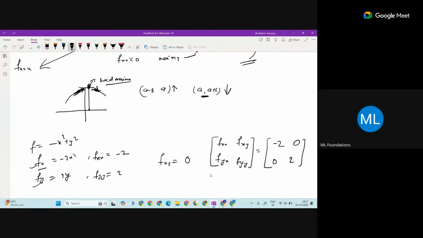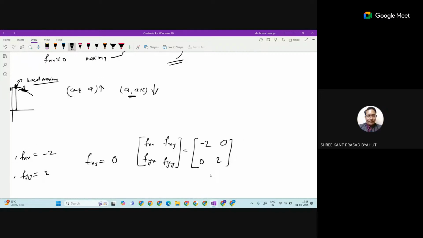If you see, the determinant is going to be minus 4, which is less than 0. So it is a saddle point, the critical one.